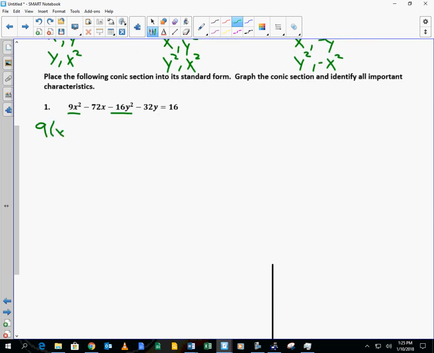I factor out a 9 for the x's. What should we factor out for the y's? A negative 16. And I get y squared plus 2y.